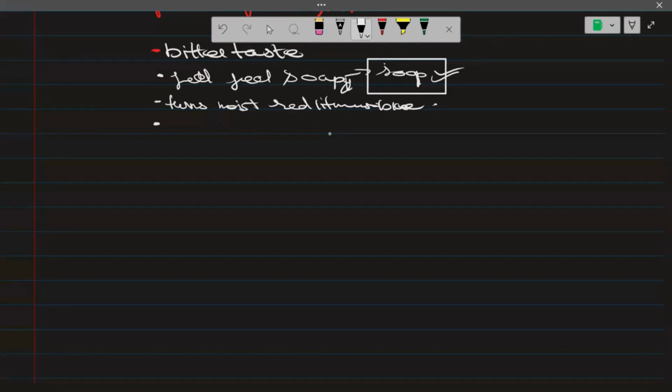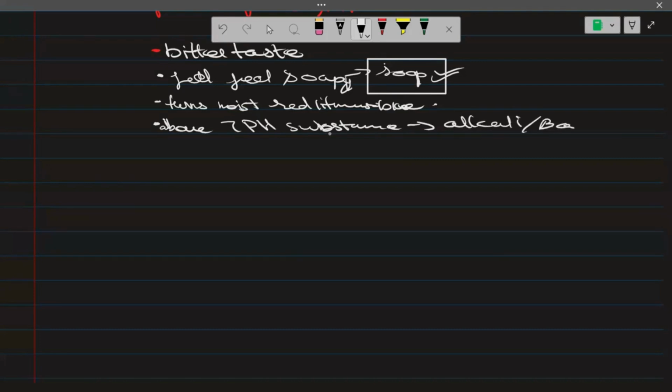We determine how alkaline it is in nature. The more alkaline it is, the stronger it is. That also means the higher its pH, the stronger it will be. Substances above 7 pH are alkali, or base, you may say.